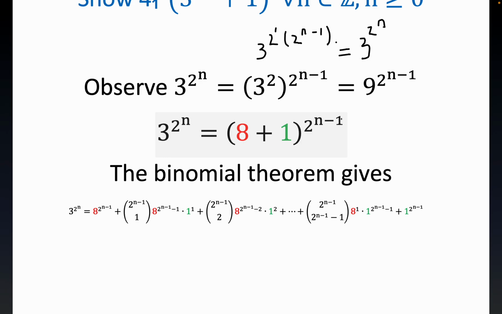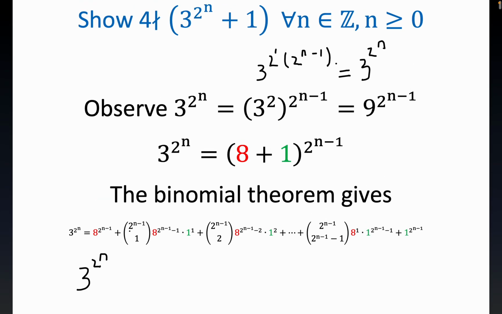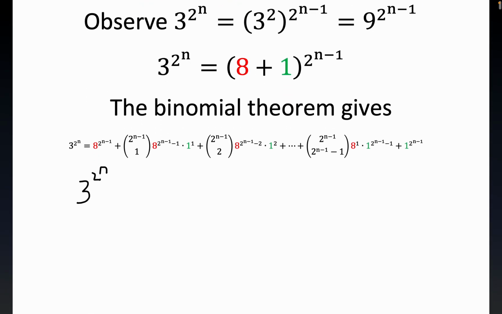So it's not really written like you might expect, but we're still using the binomial theorem without having to introduce any other variables. But anyway, what we've shown right here with the binomial theorem is that 3 raised to the 2 to the n. Now remember, if this is bothering you, we are interested in this 3 to the 2 to the n plus 1, but we'll get there, okay?